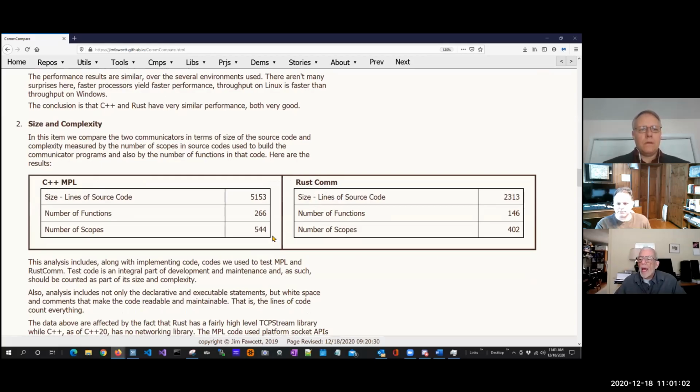And the last way I like to count complexity, the things that make testing hard and understanding hard and maintenance hard, are greatly affected by the number of scopes, the number of separate blocks of code you have. For C++, there were 544 scopes, and for Rust, there were 402.